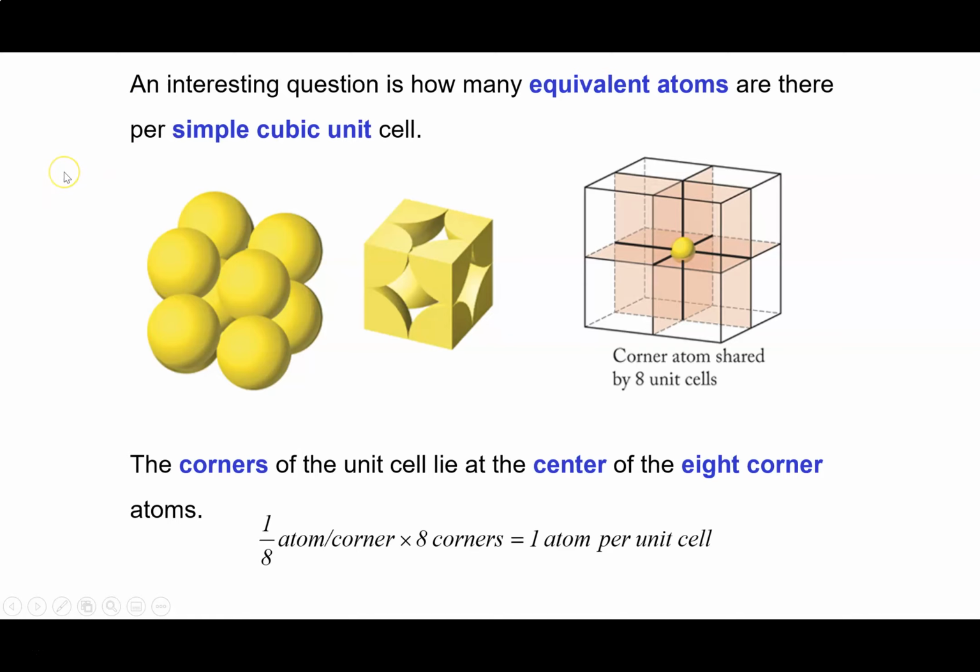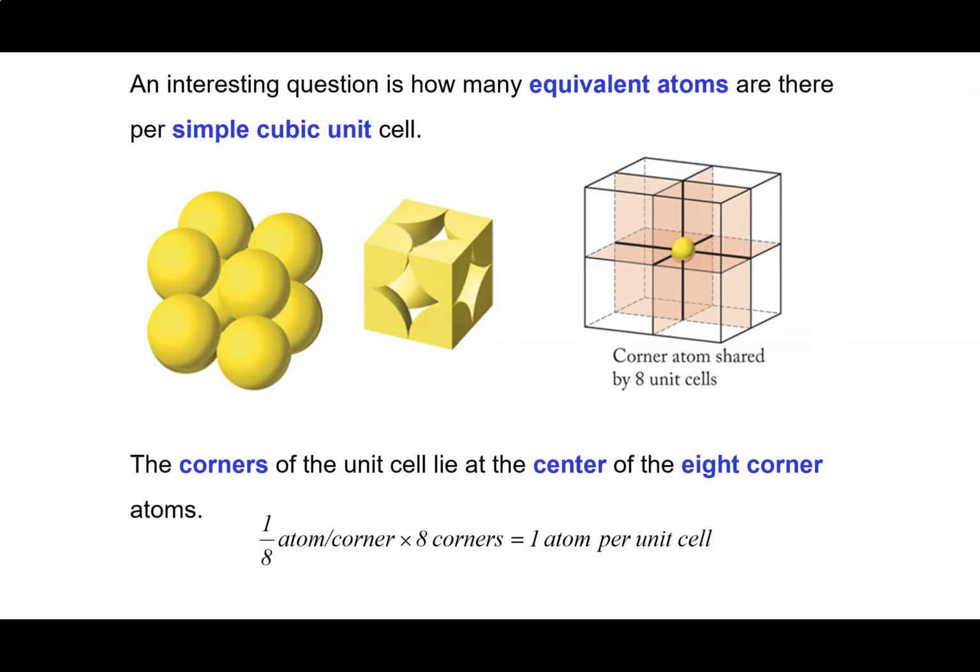So an interesting question is how many equivalent atoms are there in different types of unit cells? Let's start with the simplest unit cell, which is the simple cubic unit cell. We said that for a simple cubic unit cell, we have one atom centered at every corner of a cube.